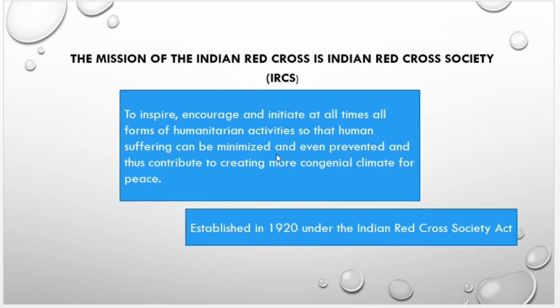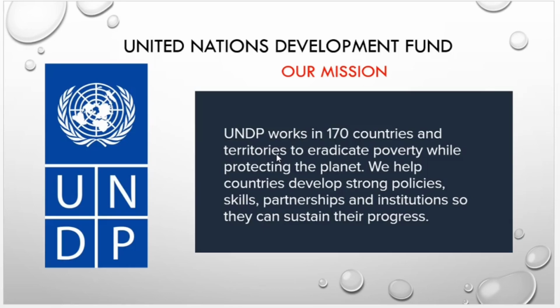So this is the history of the Red Cross. Okay. So another one is the United Nations Development Program, a development fund. This is also under the United Nations, and what it does is it provides funding to projects, especially to countries which are relatively poorer as compared to other countries, and they have their own member countries.